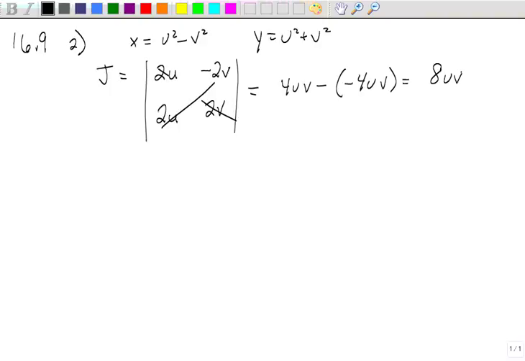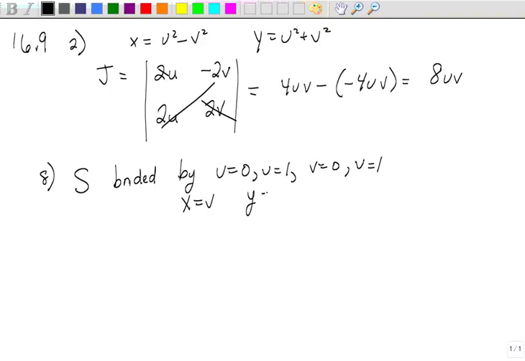Number 8. We want to find the image of the set S. So S is bounded by u equals 0, u equals 1, v equals 0, v equals 1, x equal v, y equal u times 1 plus v squared.